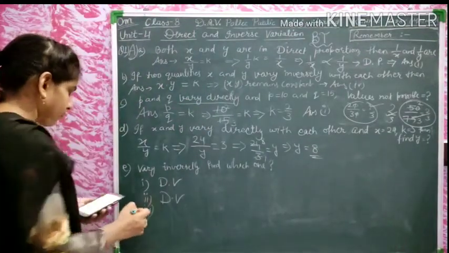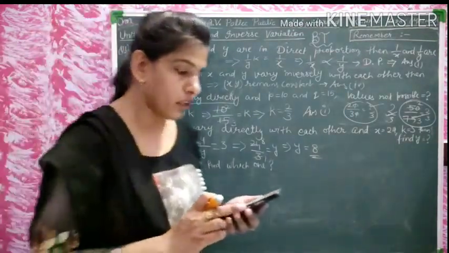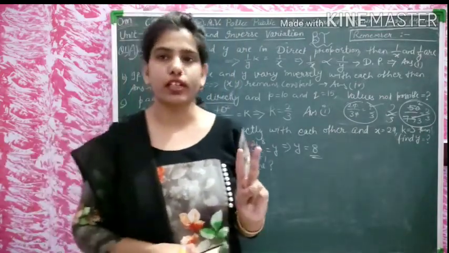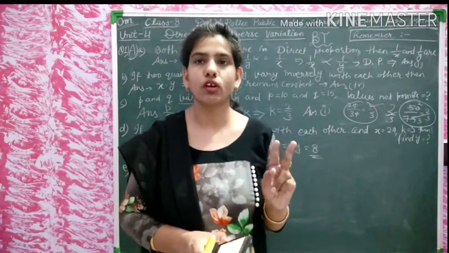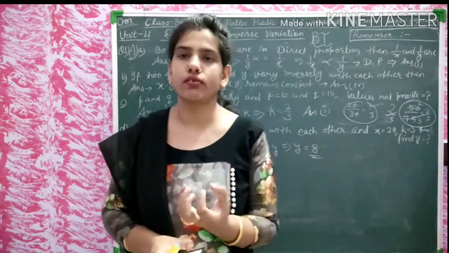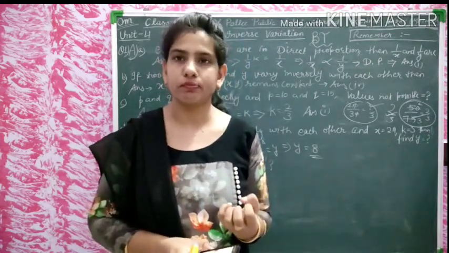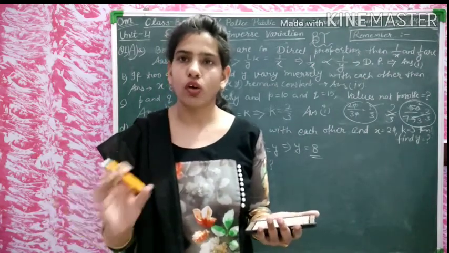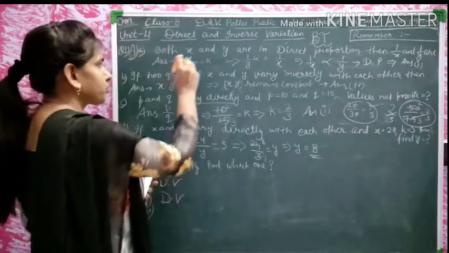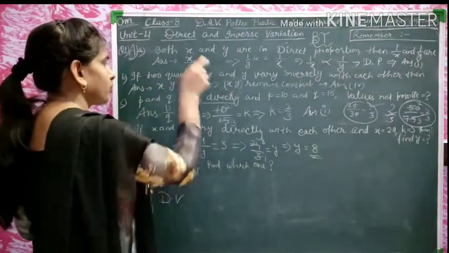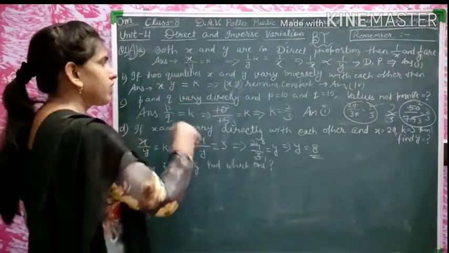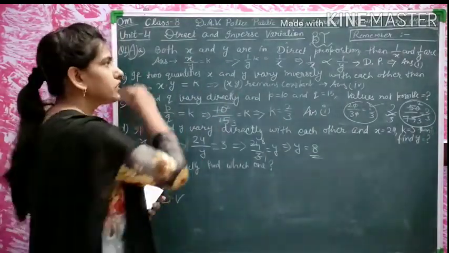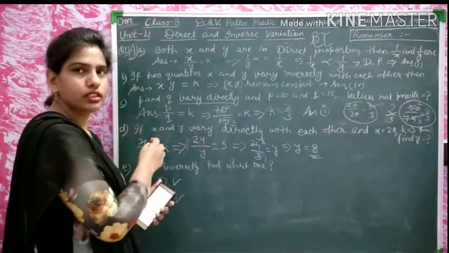Now we will go to the third part, number of workers and amount of work done. If there are 2 workers, how much work has been done there? If 3 workers are there, it means they do more work.